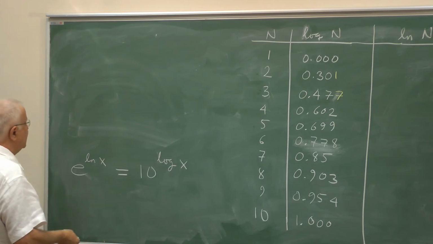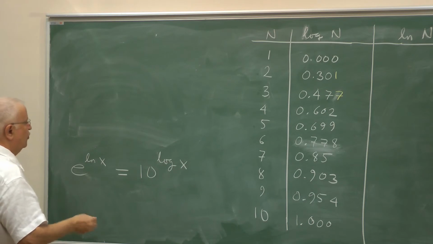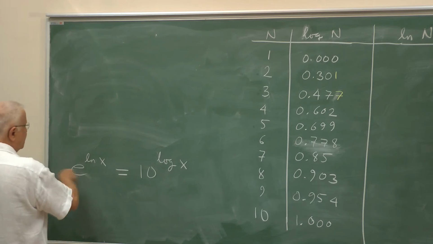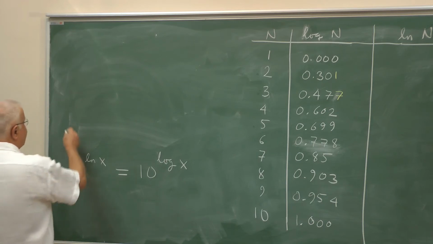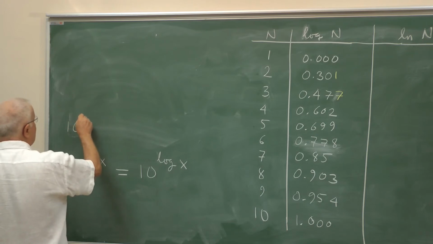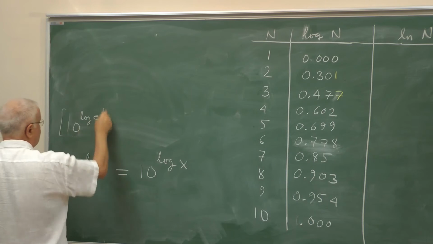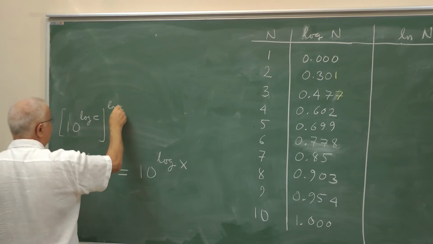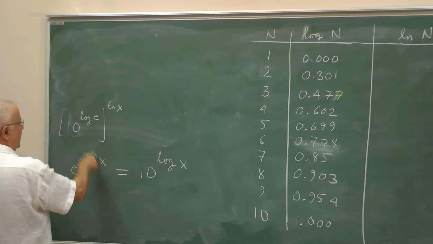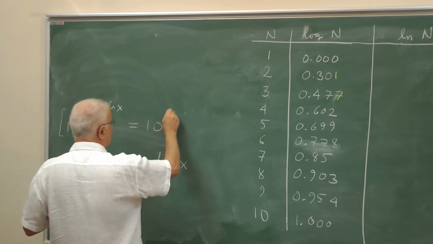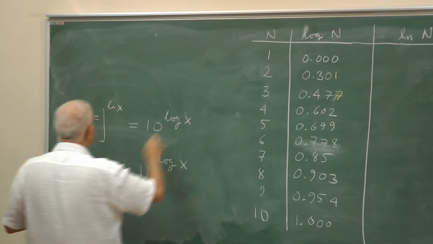Now, writing e as 10 to the log e, e to the ln x equals 10 to the log x.